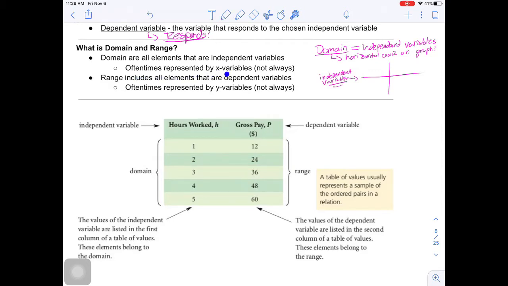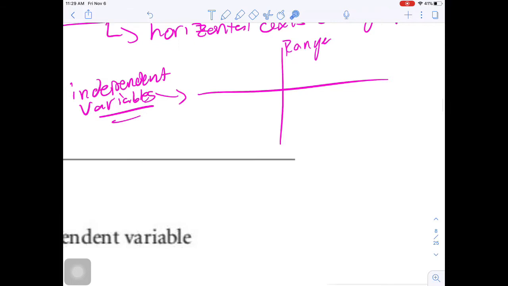Oftentimes these are known as x variables, and remember it's because it's on the x-axis. Not always though. Sometimes it could be t here, right? Sometimes your independent variable might be represented as t for time. Now, the range. So you got to remember what domain is, and now the range includes your dependent variables. Okay, so we know that the vertical axis here is known as the range.